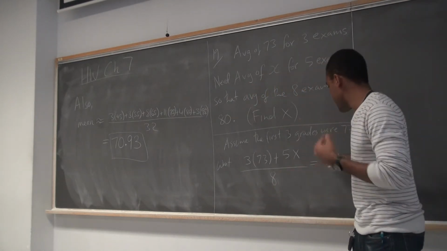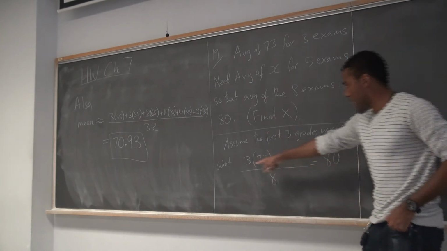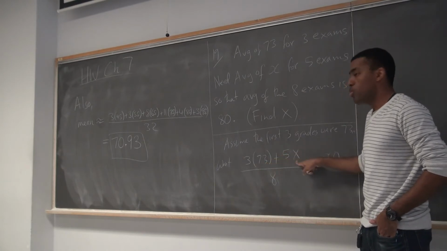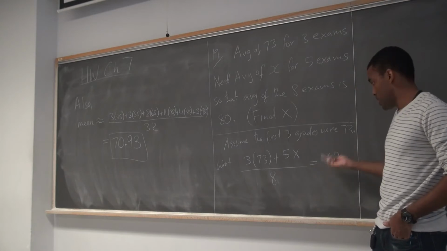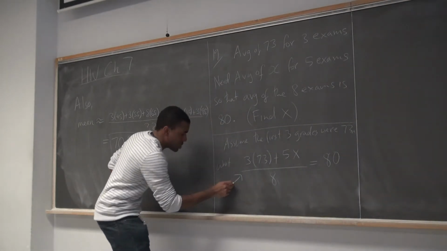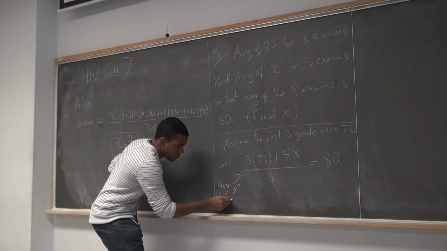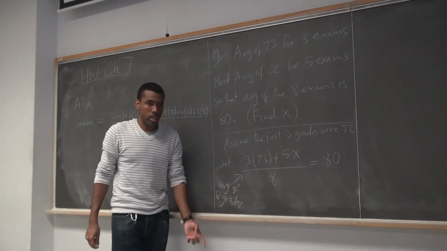He said it in a different way. He said 80 times 8 should give you the total, and so on. But basically that's what he said. So this is going to be the average of your 8 exams. On the first 3, you average a 73. You want to know what the average is on the last 5 to get 80. And you basically solve this for X. So this is the average of 8 grades, the total grade over the number of grades.